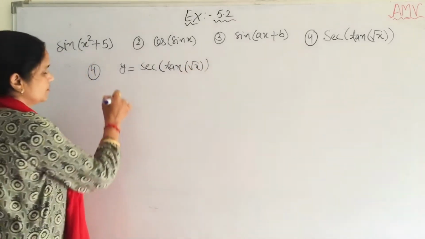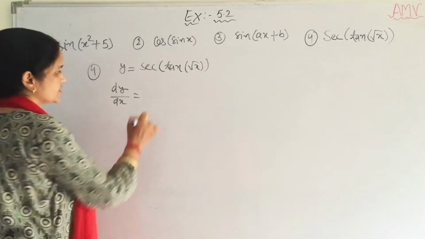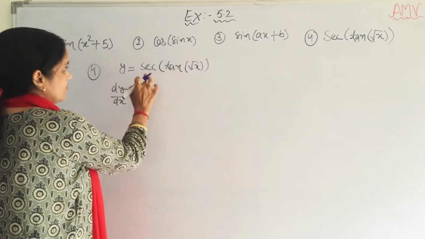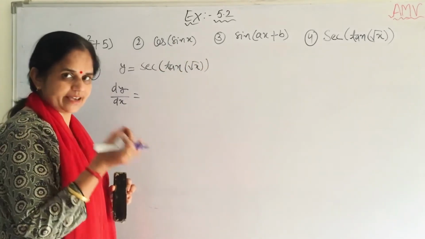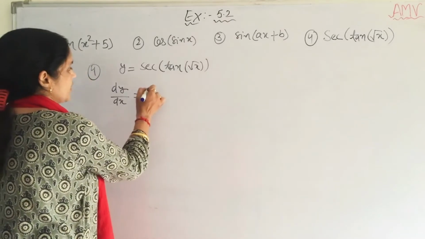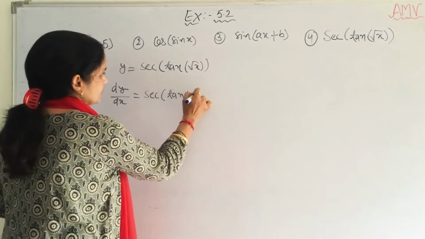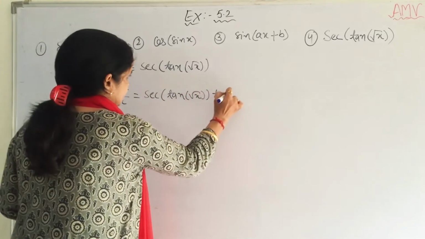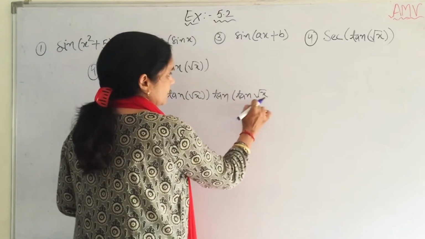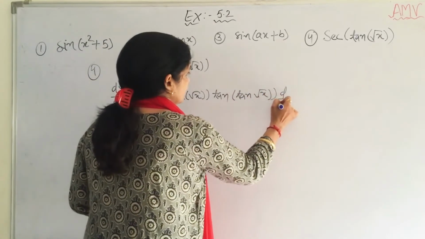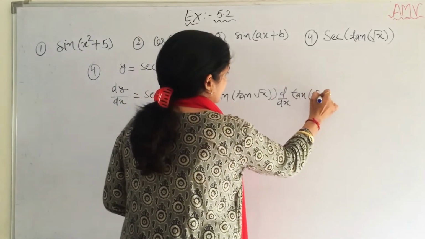Now we are finding the derivative with respect to x. So first, the derivative of sec x. Consider this part, tan root x, as x in your mind. So the derivative of sec is sec x tan x, and in place of x write tan root x. Now d by dx of tan root x.